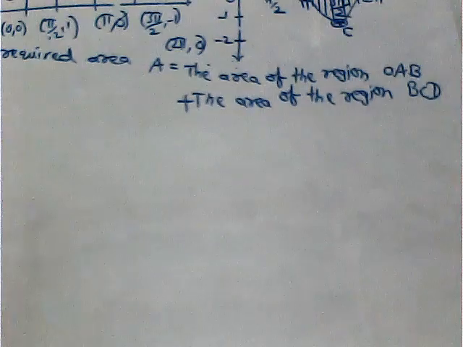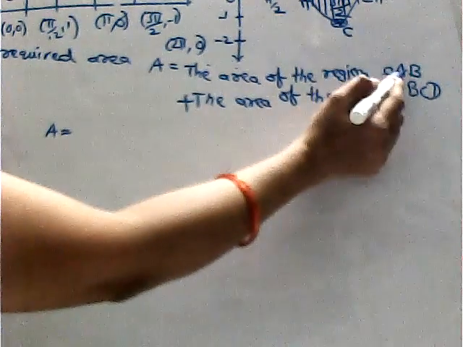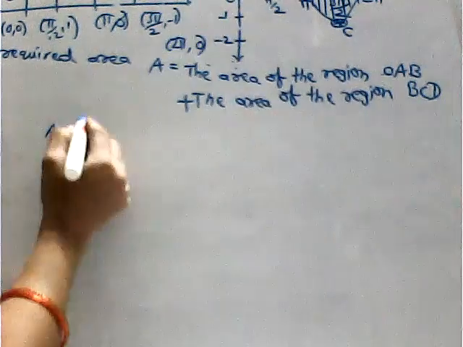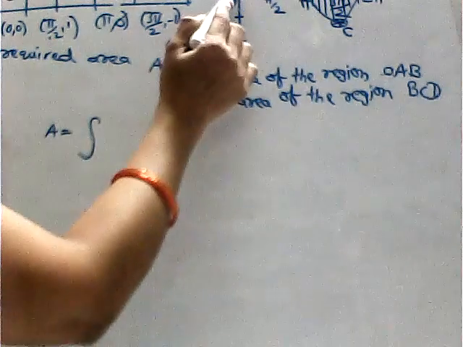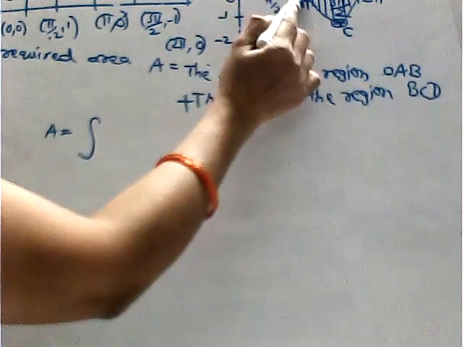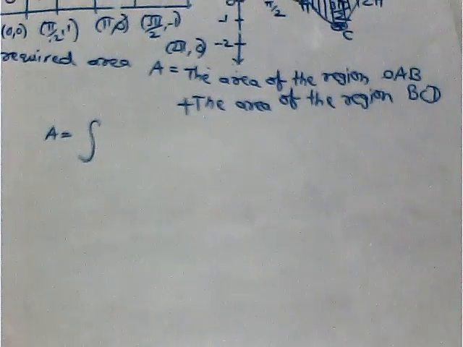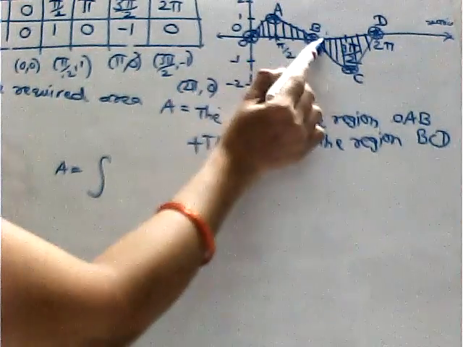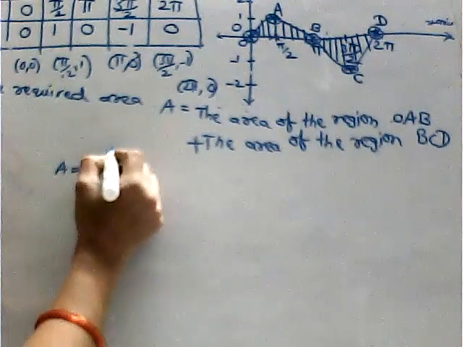Now we can take A equal, first the area of the region OAB. Here we can observe that the intervals are taken from x equal to 0 to x equal to pi.